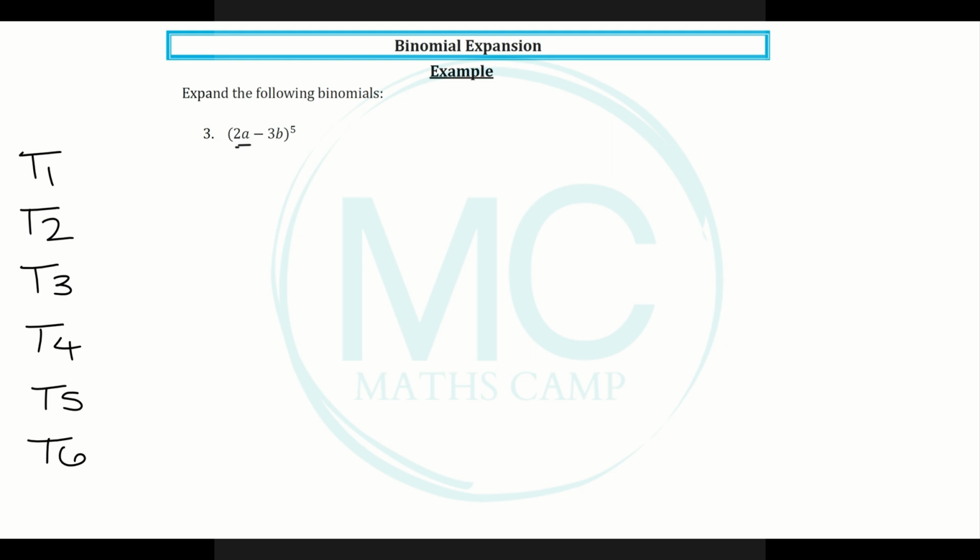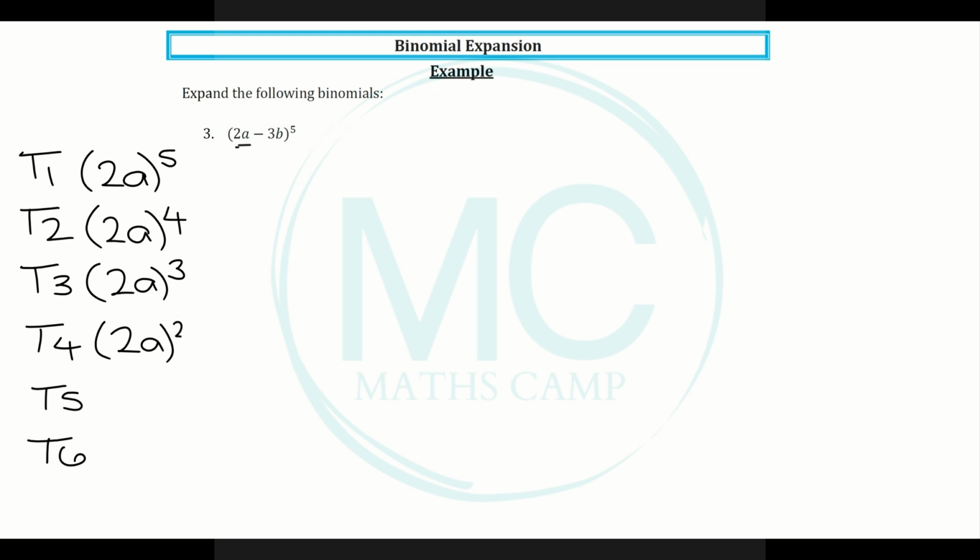So let's put this into a bracket. I have 2a with an exponent of 5, 2a with an exponent of 4, 2a with an exponent of 3, 2a with an exponent of 2, 2a with an exponent of 1, and 2a with an exponent of 0.